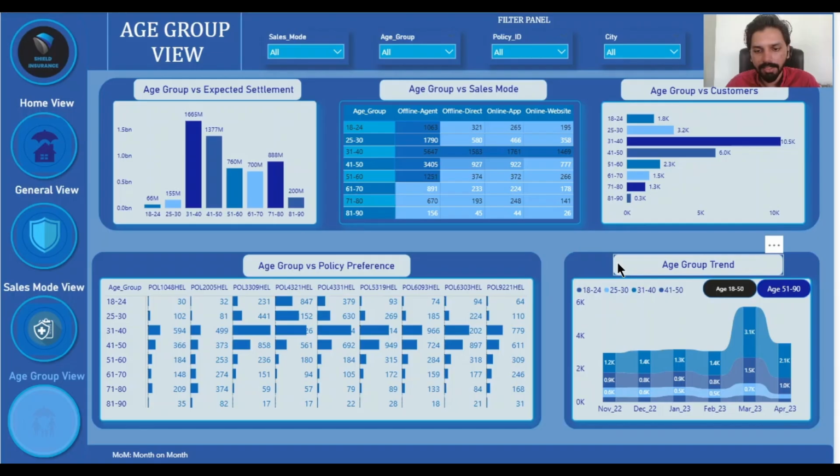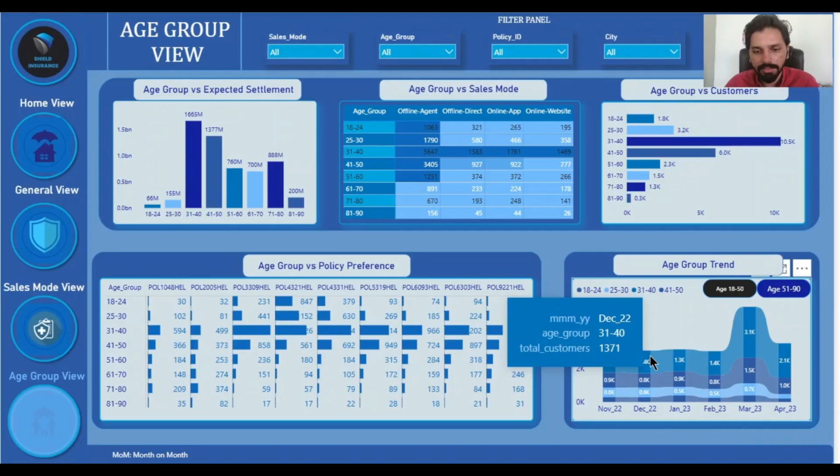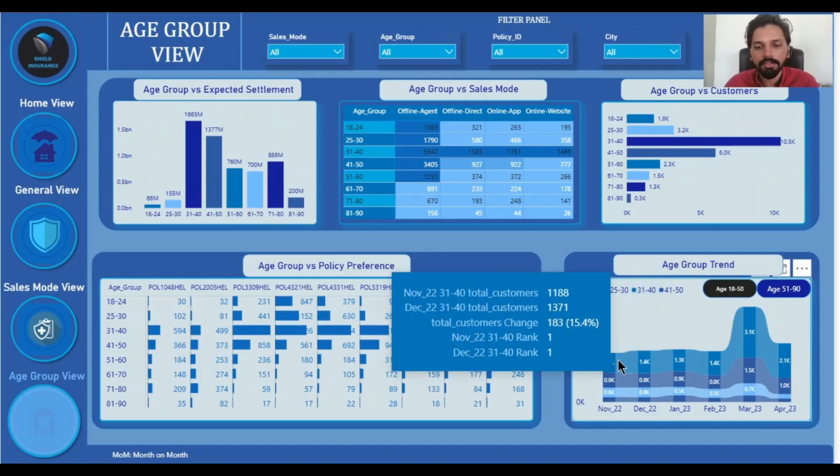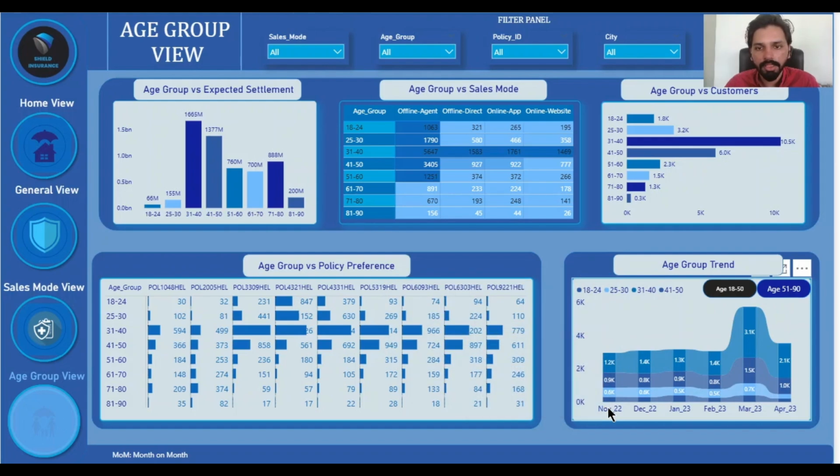Now, let's see how the age group trend is going. Most of the increase is in the age group 18 to 24. You can see the 31 to 40. So mostly we can see the customers are increasing, especially in the age group 31 to 40, through all this time period from November 2022 to April 2023.